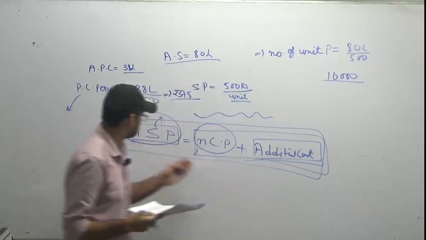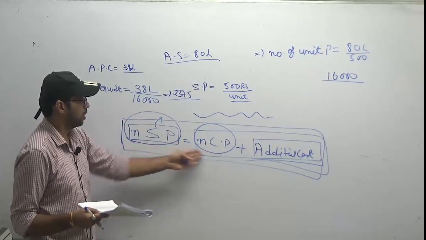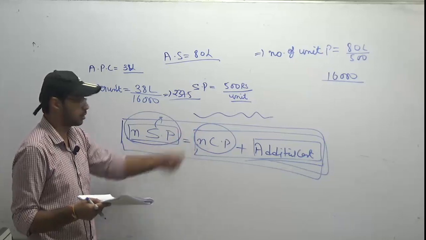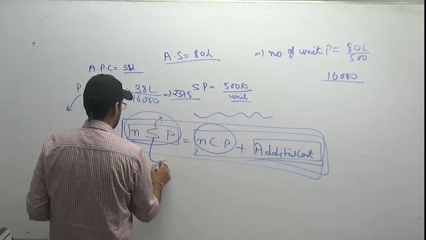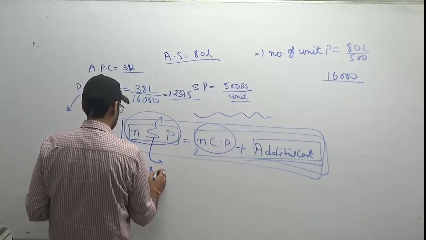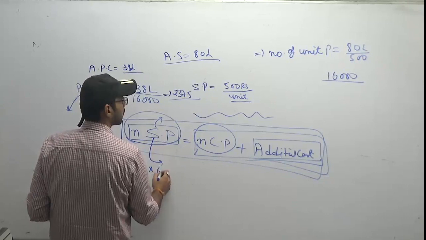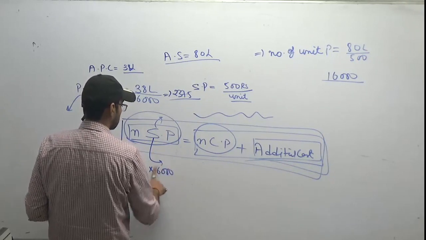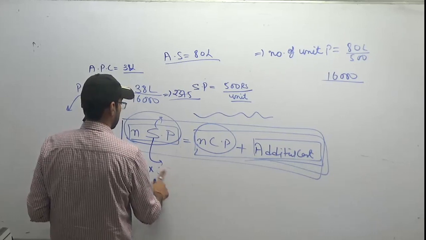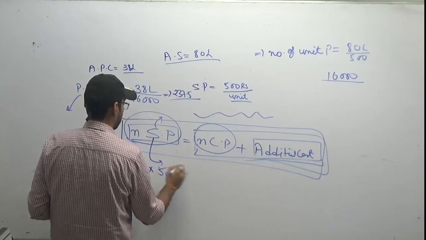Now put the values in this equation, you will get the answer. N into SP, that is, sorry, this is 500. Yes, this is 500.